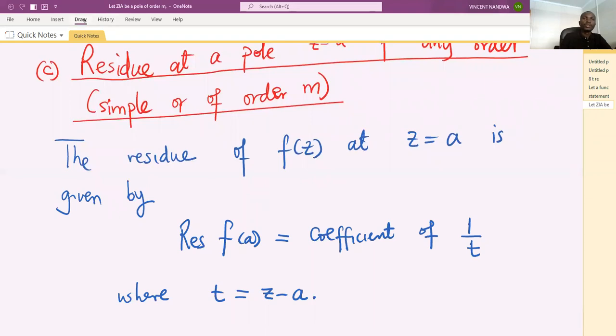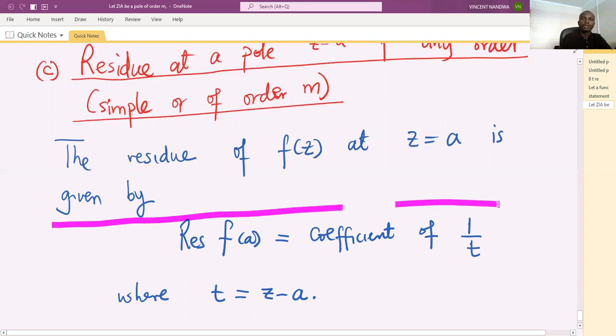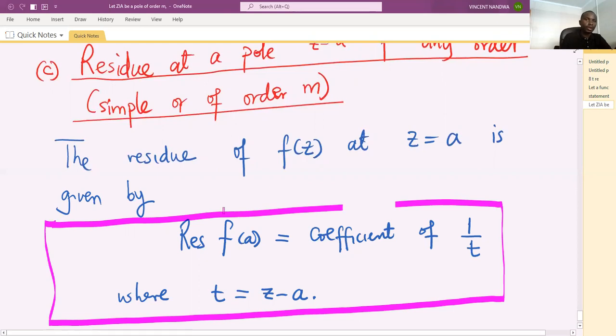This is the general way of defining the residue at a pole z equals a, where that pole is of any order. It may be of order 1, what is called the simple pole, or order m.